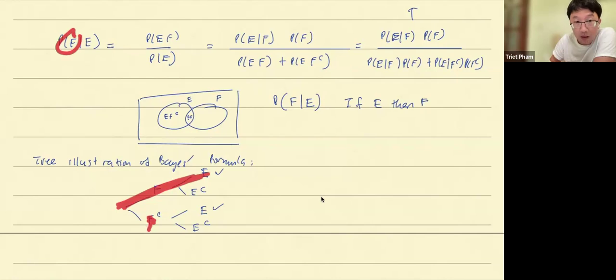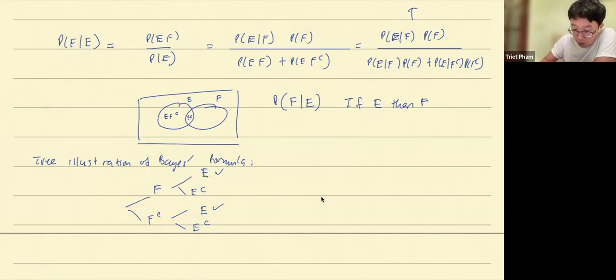Does it make sense? That's what P of F given E is in terms of this tree. You know that you're along these two branches, because they're the only two that give you the E outcome. Then you ask what's the probability that you're along this branch.